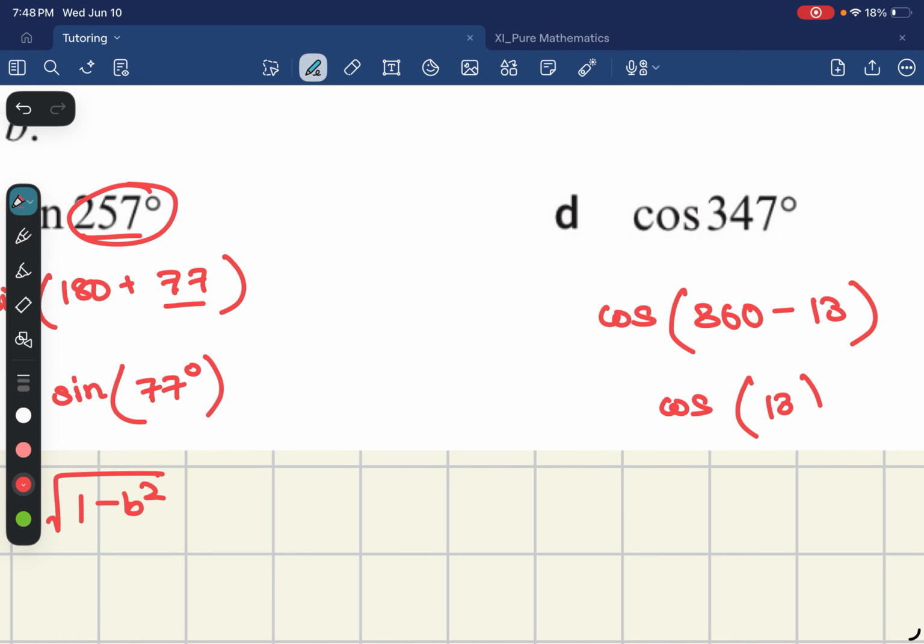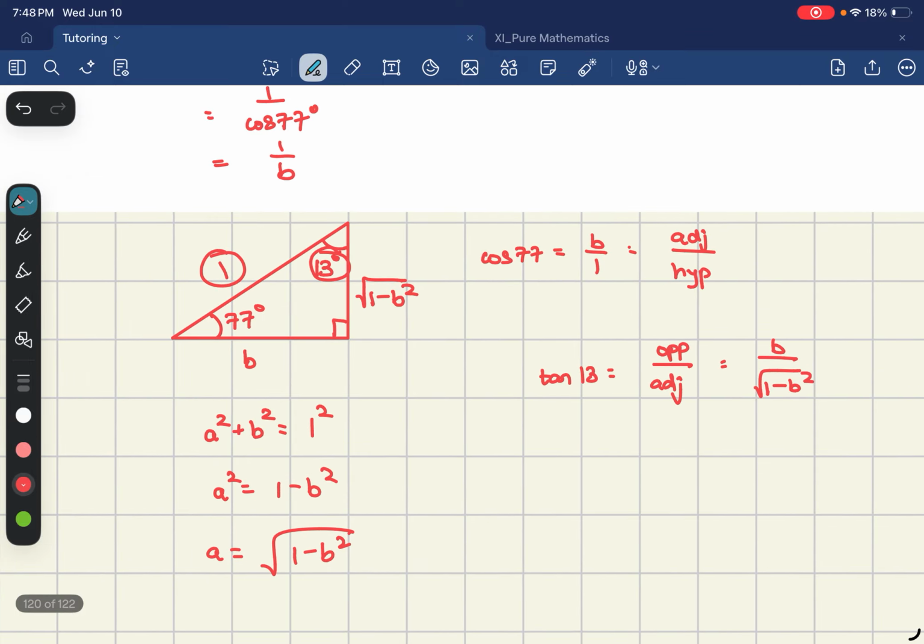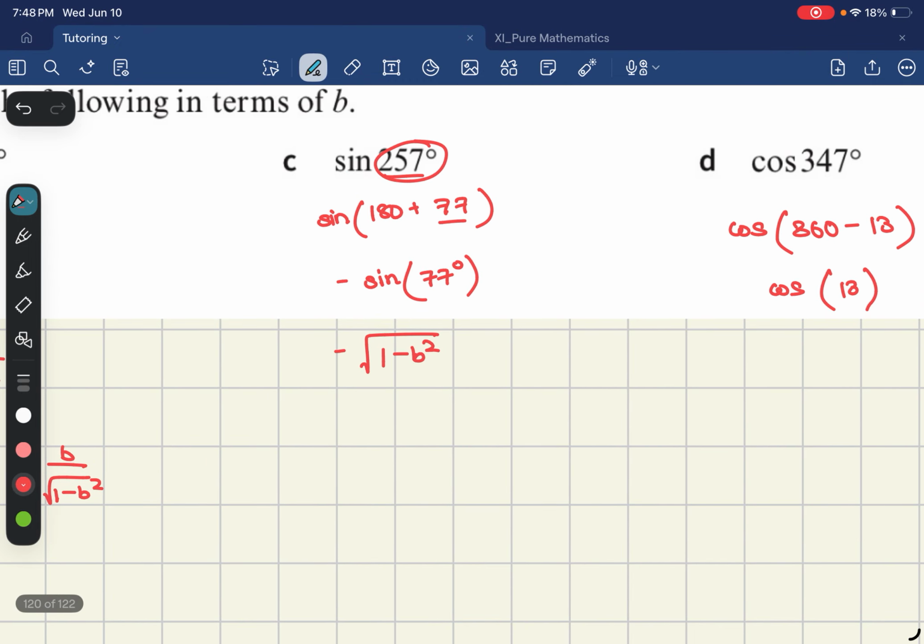Cosine of 13 degrees and 180 plus 77. Yeah, it does give you 257. So sine remains a sine. You take sine of 77 degrees. And it's in the third quadrant, so it has to be negative. Yeah, so this should be your answer. Opposite over hypotenuse. Yeah, should be this expression.